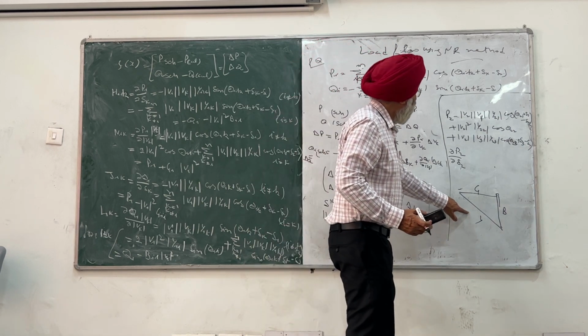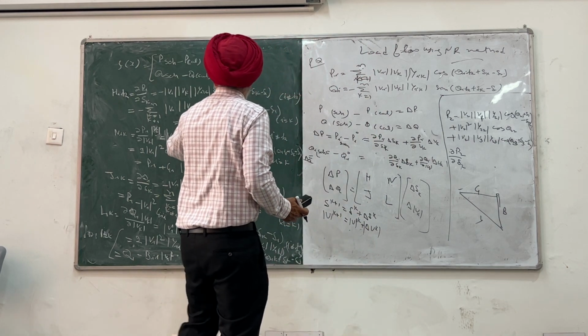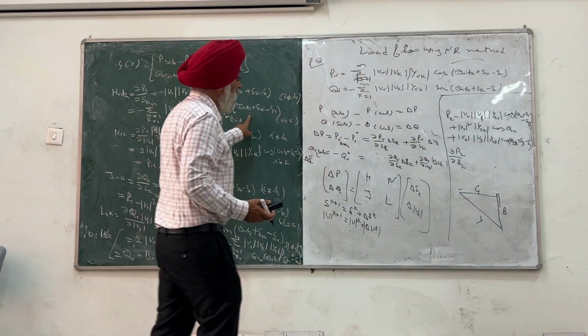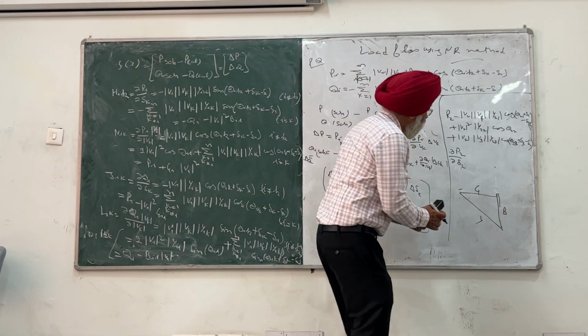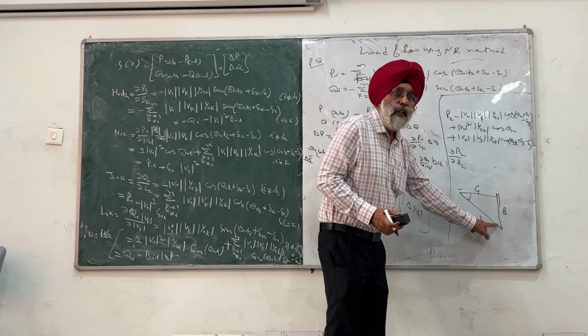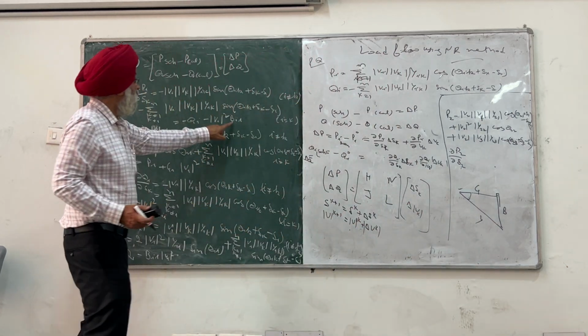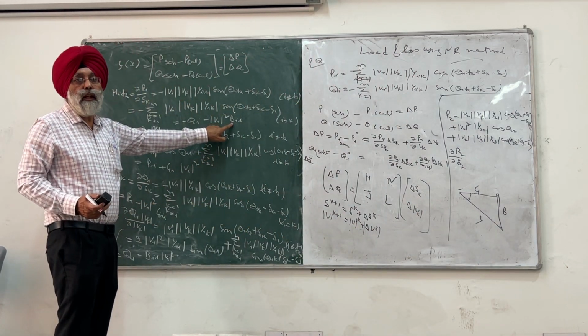So Yii sin theta ii will represent this side, which is B. Accordingly, we have written here as Bii.